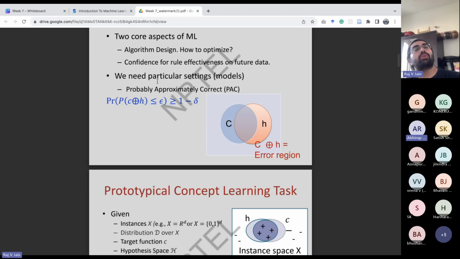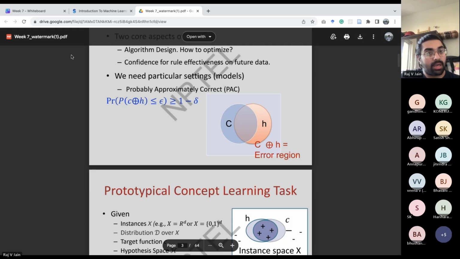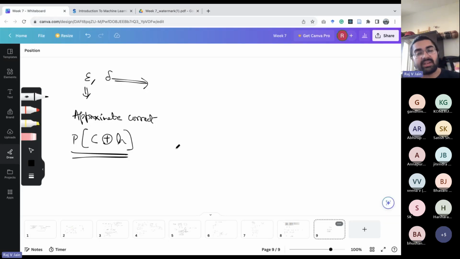So delta tells you the probability that you will find such an approximately correct model, given the data, the hypothesis space, and the assumptions. All of that is handled according to this delta. That's what delta means, at least according to me. And epsilon means the percentage error. Correct.